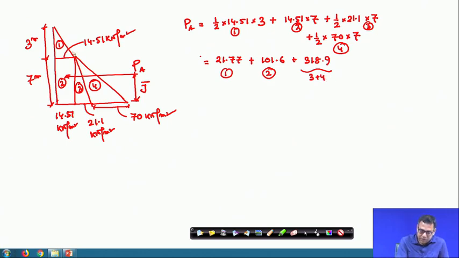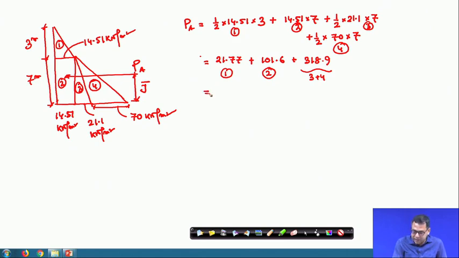Because you can consider third plus fourth as a whole triangle, with base 21.1 plus 70 and height 7, and a half. That is why I have taken 3 and 4 together.